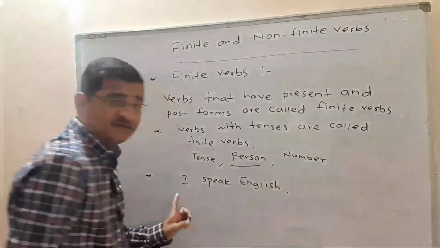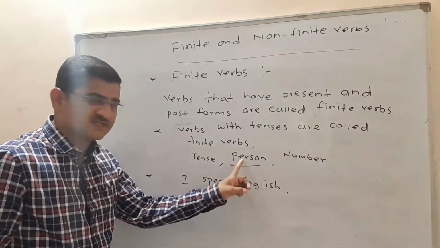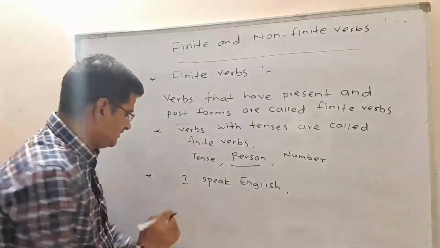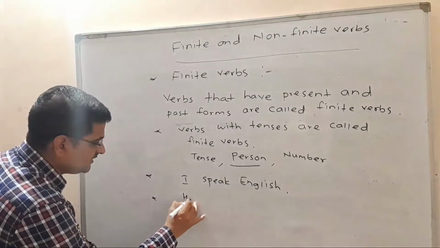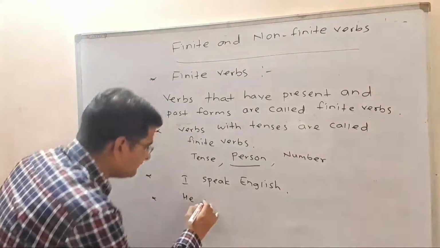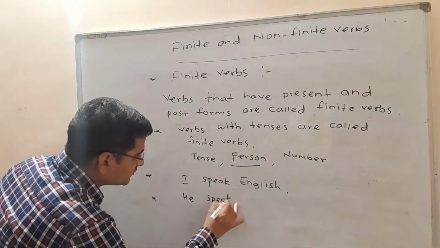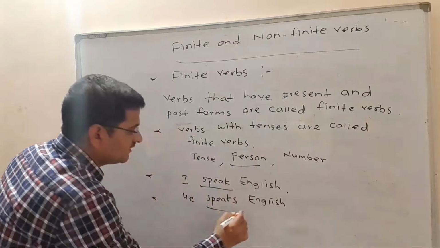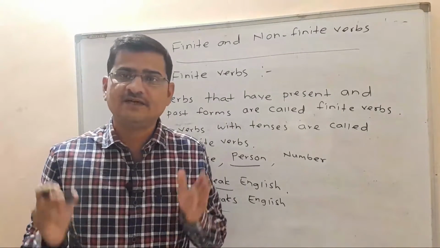Here the subject is I, which is first person singular. But if I use the subject he, third person singular, then what will happen? He speaks English. So here also we are making changes in the verb.